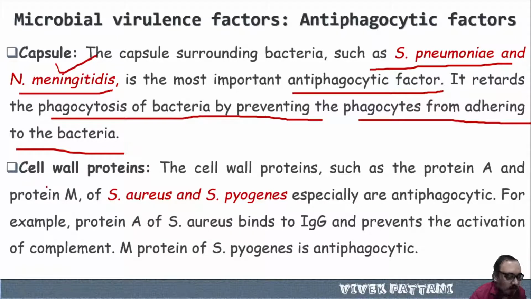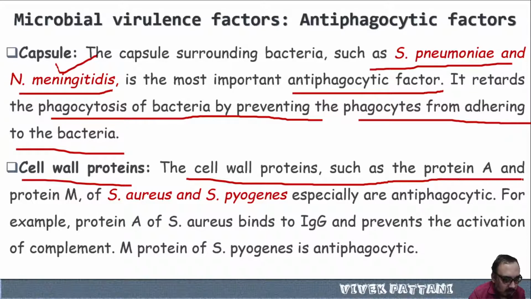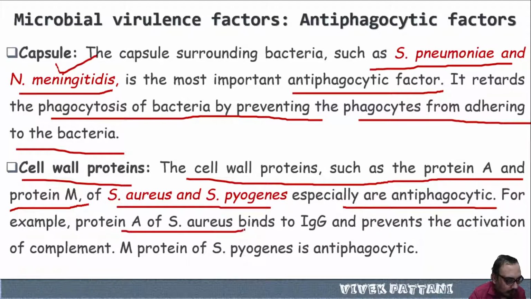Now the next one is the cell wall protein. Cell wall proteins such as protein A of Staphylococcus aureus and protein M of Streptococcus pyogenes are especially antiphagocytic. For example, protein A of S. aureus binds to the IgG and prevents the activation of the complement.